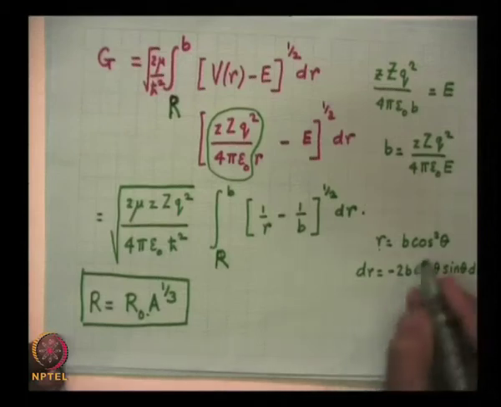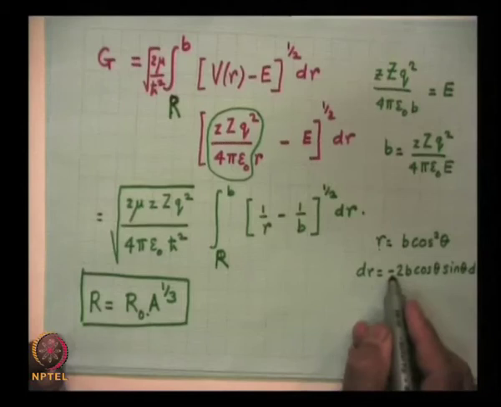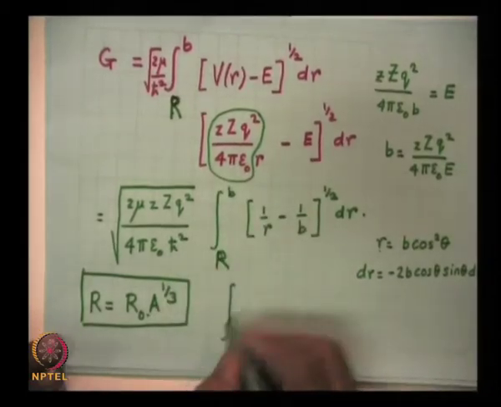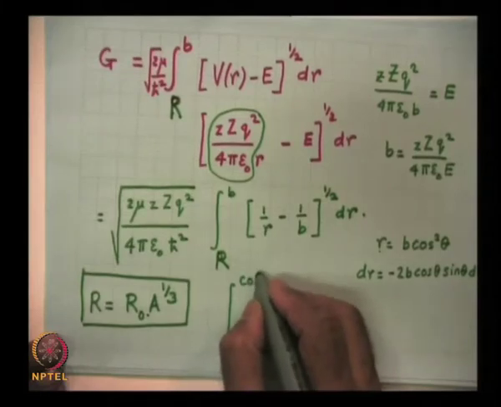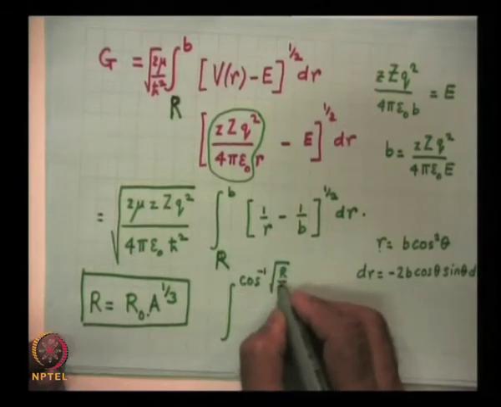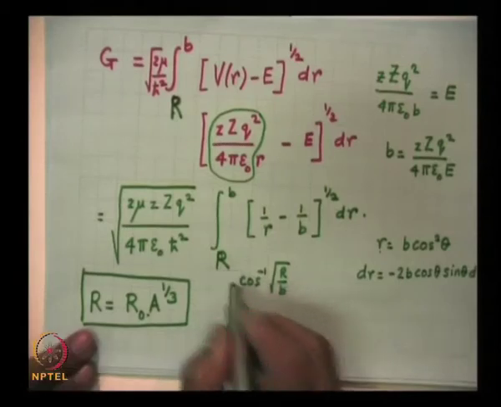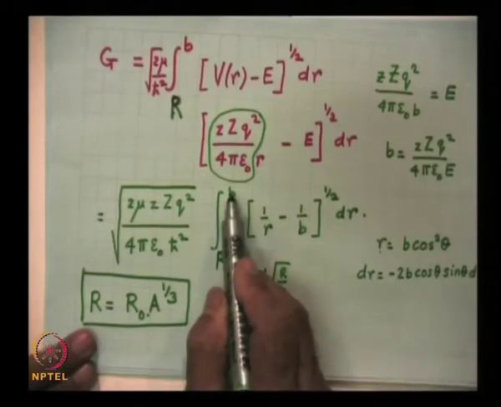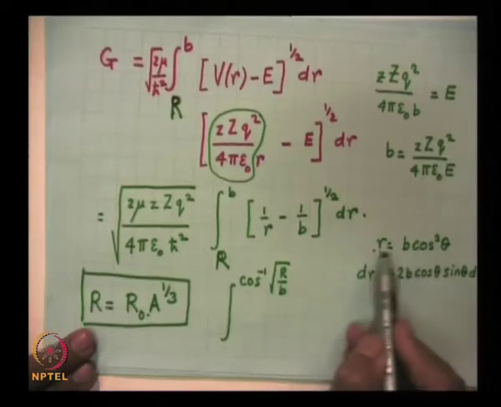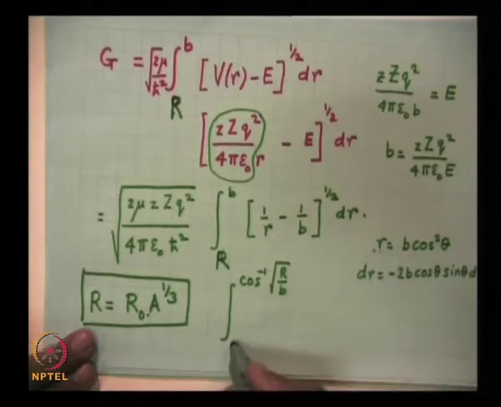Okay. So, r is equal to b cos square theta, and since there is a minus sign, theta will be cos inverse under root of R by b when r is equal to R, and when r is equal to b, cos square theta becomes 1, so theta becomes 0.